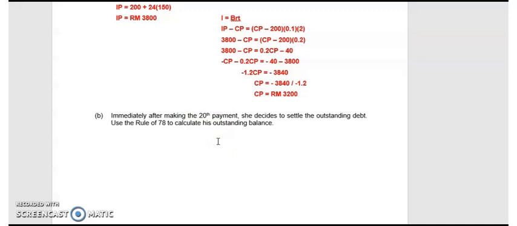So on the 21st month, she will settle all the remaining payments. So K, the number of unpaid payments, equals 24 minus the number of paid payments, which is 20. So equivalent to 4. So these 4 payments will be paid in full on the 21st month.